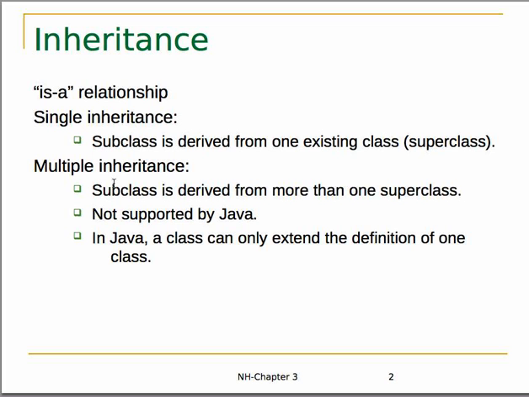In many other languages besides Java, you can have things like multiple inheritance. That is, a subclass can be derived from more than one superclass. This is not supported by Java, for a good reason. We'll get into this when we get to other languages in future courses.